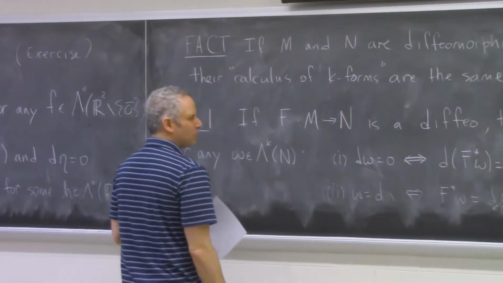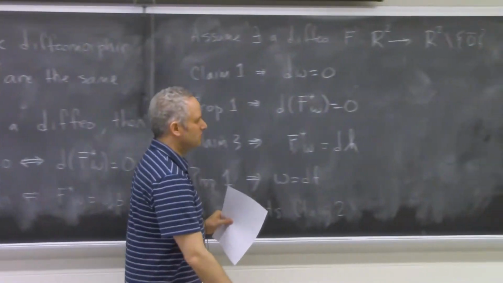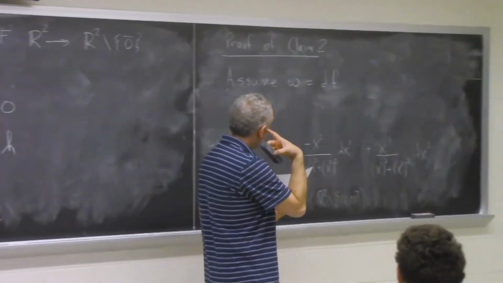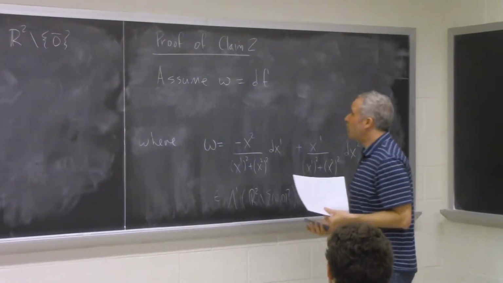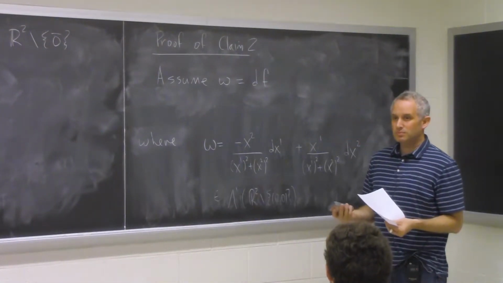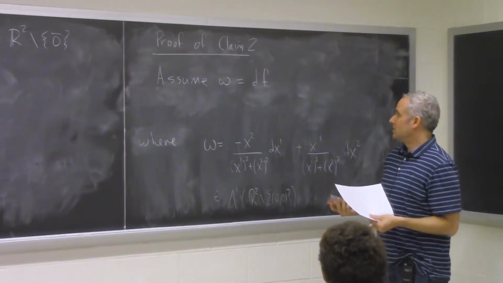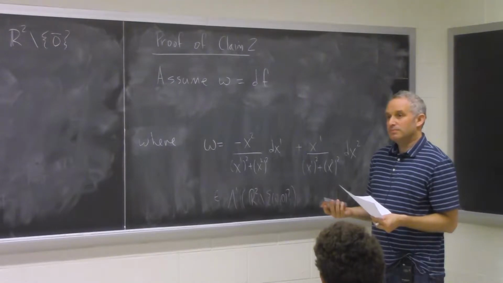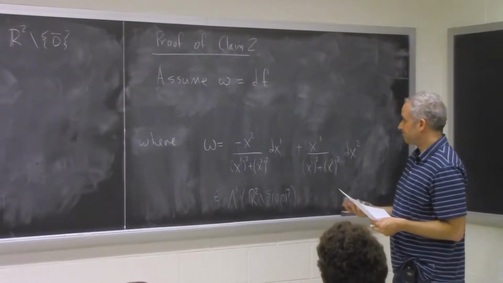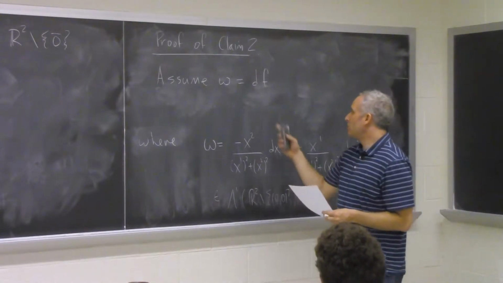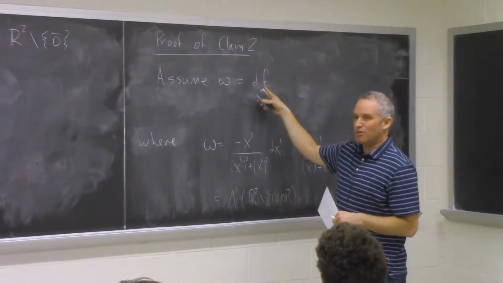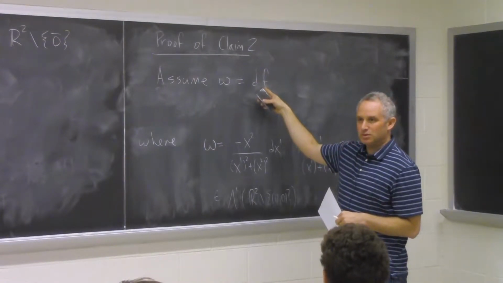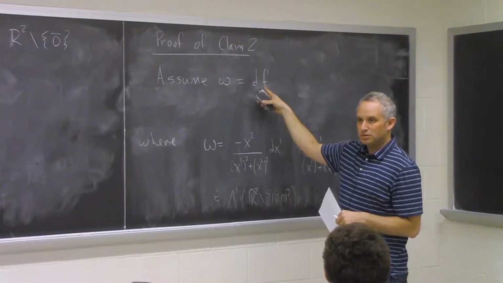All right, so how are we going to show that it's not d of something? Well, what do we know about one-forms that are d of something? Stokes' theorem tells us something about them. We know that if we integrate this over a manifold without boundary, then we will get 0.